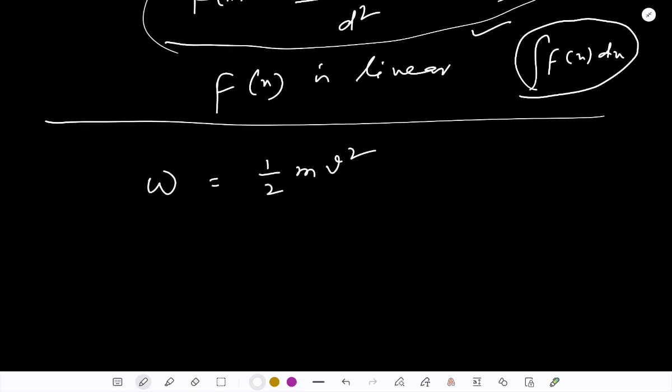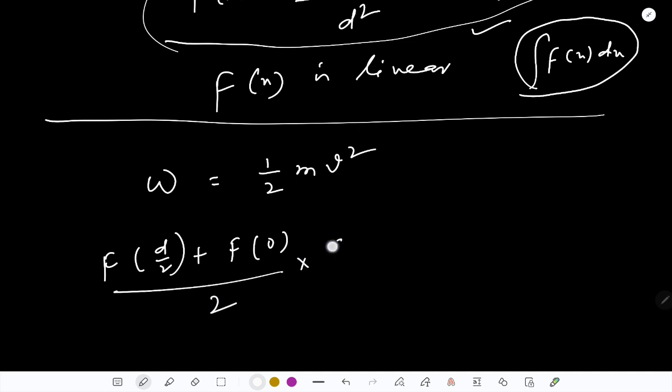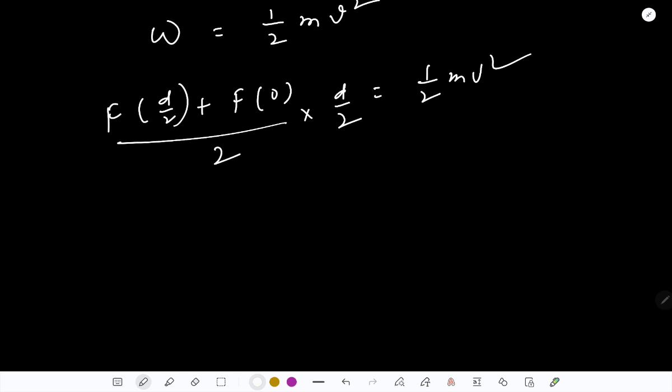I can simply write the work done by this force as force when x is d by 2 plus force when x is equal to 0, divided by 2, multiplied by displacement d by 2, and that is equal to half mv square.